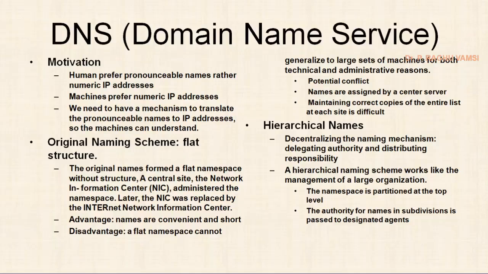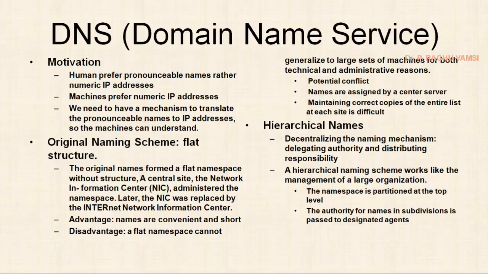But the disadvantage is a flat namespace cannot generalize to a too large set of machines for both technical and administrative reasons because of the potential conflicts. So the same name may be used by some other people. Names are assigned by a central server, and so everyone should depend upon the central server. Maintaining the correct copies of the entire list at each site is a very difficult process.